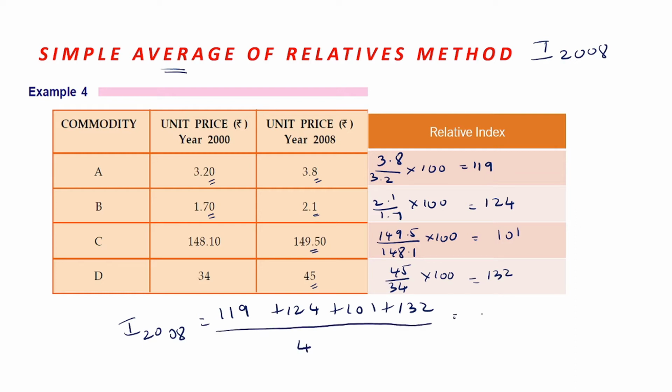So this is equal to 476 upon 4, or it is equal to 119. So this is how we can use the simple average of relatives method to find the index number.